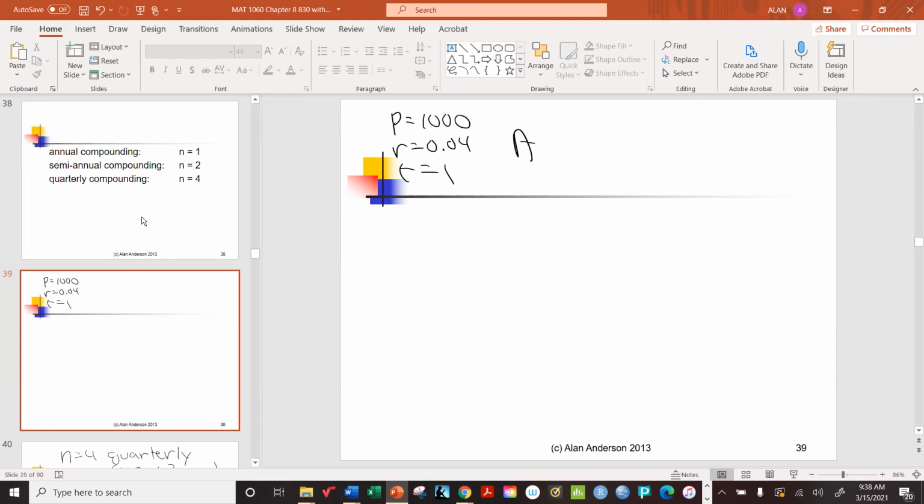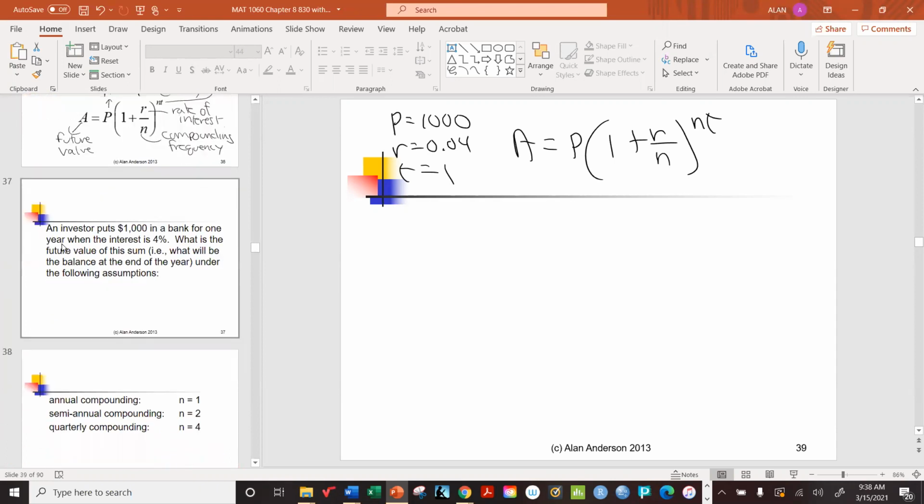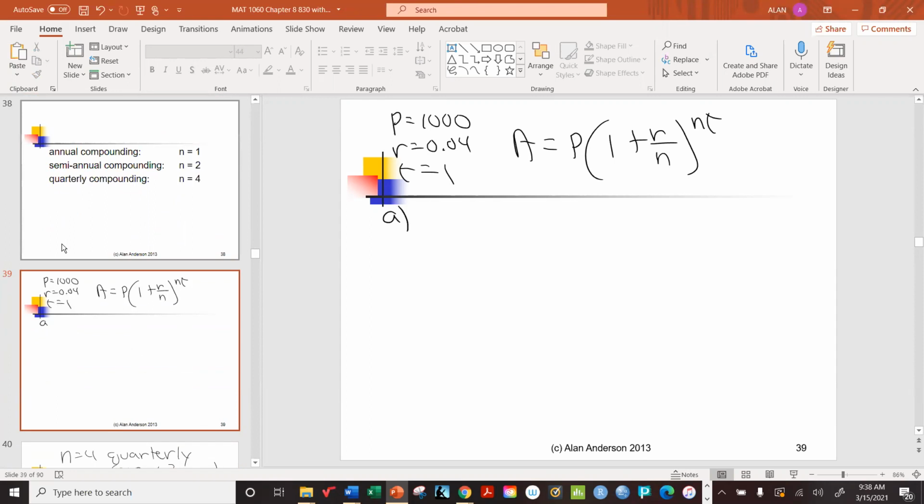Now the formula, once again, is A equals P times 1 plus R over N to the NT power. In the first case, when the compounding frequency is 1, A equals 1,000 times 1 plus 0.04 over 1 raised to the 1 times 1 power.